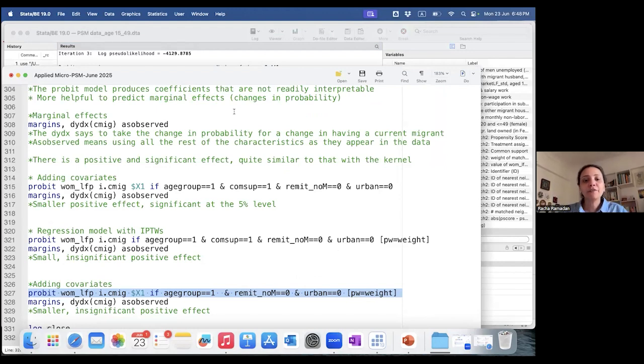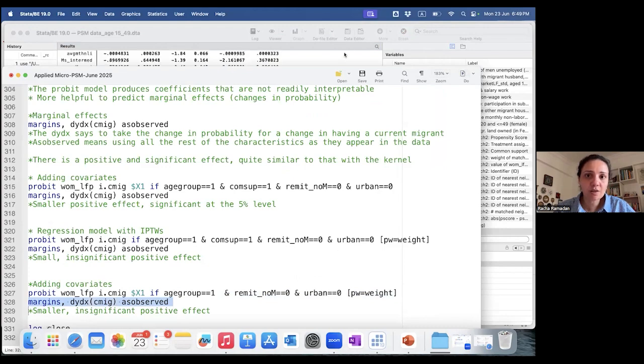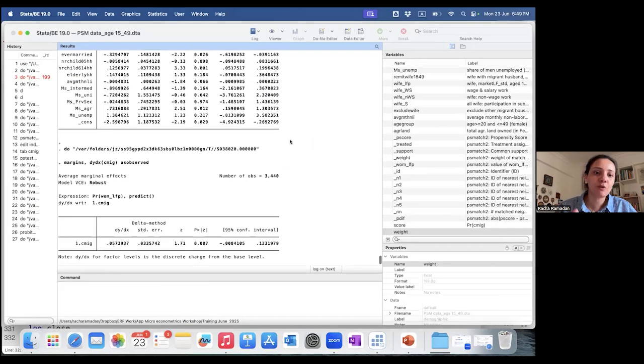And of course, if you wanted to present your results, it's better to do it as margins, not in terms of odds ratios, to make sure that you are delivering the right message. And again, I can say it's not significant, as Noha mentioned, because at 5% and 1% it's not significant. However, at 10%, it can still be considered significant.